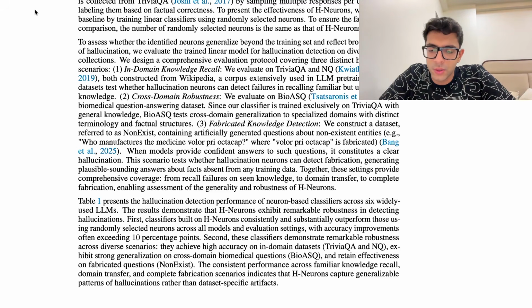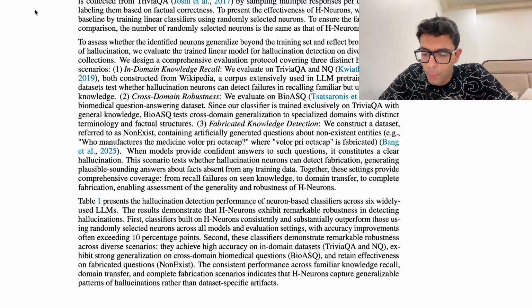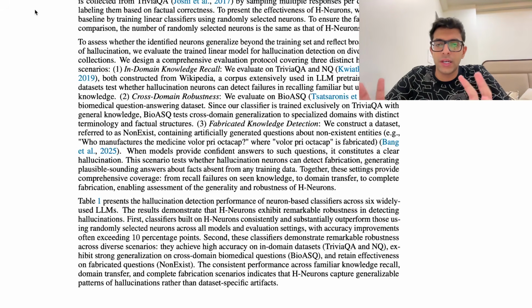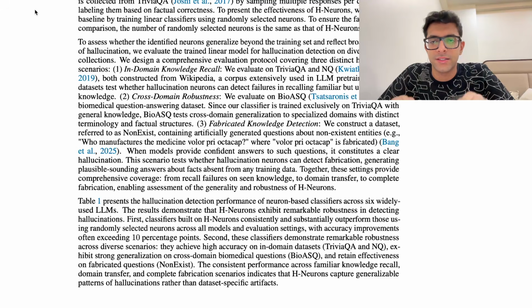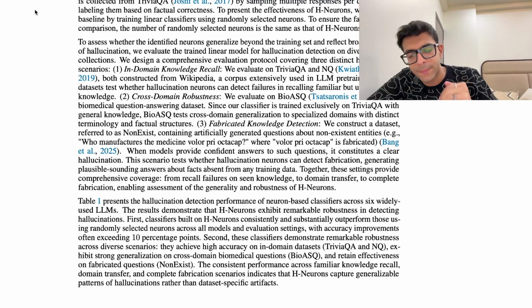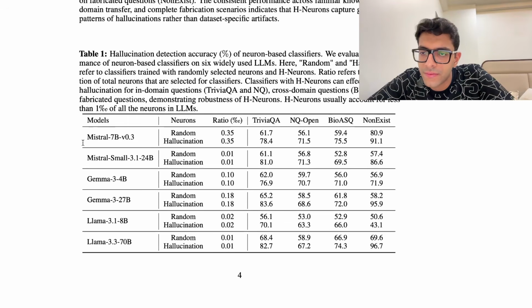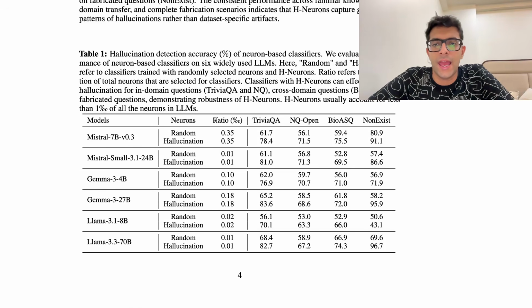To explain it step by step, they're basically using a sparse linear classifier, and the point is to first calculate the activations on the basis of set, and then also try this out on six LLMs, and to understand what is the answer that we are getting.